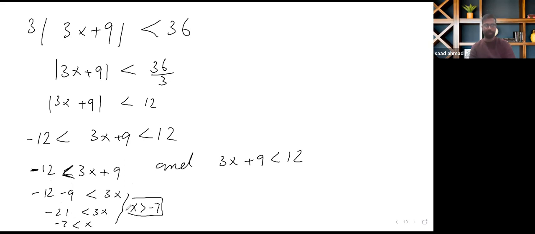That's the same thing. There's no difference between them at all. Here I'm saying -7 is less than x, but here I'm reading it as x is greater than -7. It's technically the same thing.